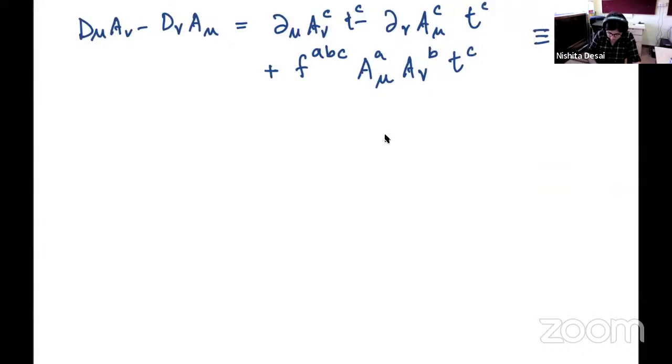And you can also write your F mu nu in that case as F mu nu^A T^A. So you can pull out the matrix component and the space-time component. And if you do that, let's again use C to make this easily visible.